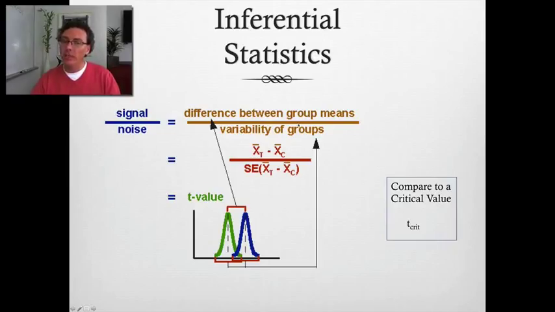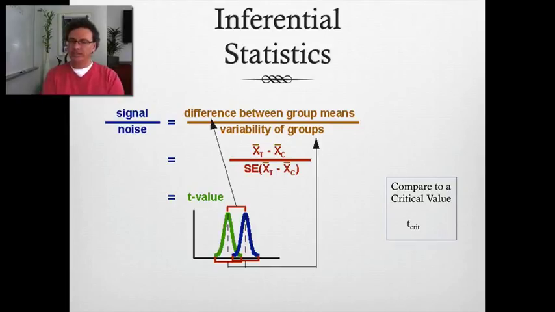If this is a lot bigger than we would expect by chance, then we're going to get excited and say we got something here. But if it's not much bigger than we'd expect by chance, then we don't get that excited. So we compute this t-value, and large t-values, that is t-values that are different from 0, the further different from 0, the more excited we get about them. That means there's something going on.